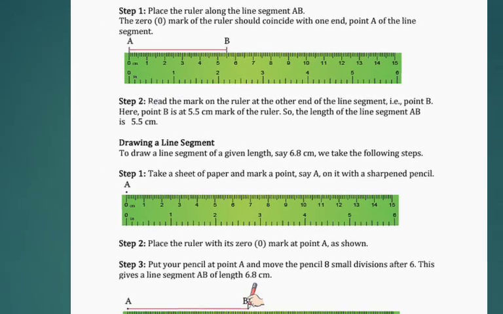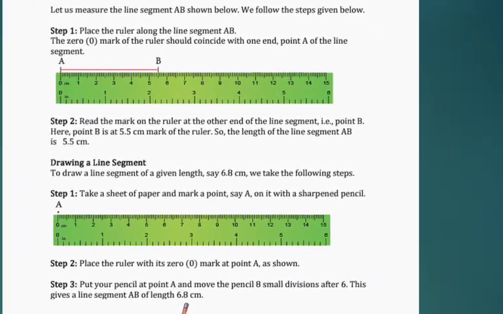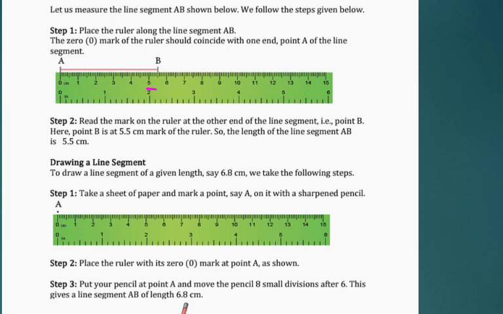Here you see, here is a 5 and here is a 6. The middle of 5 and 6 is 5.5. So B is 5.5 centimeters from the point A. So the length of the line segment AB is 5.5 centimeters.